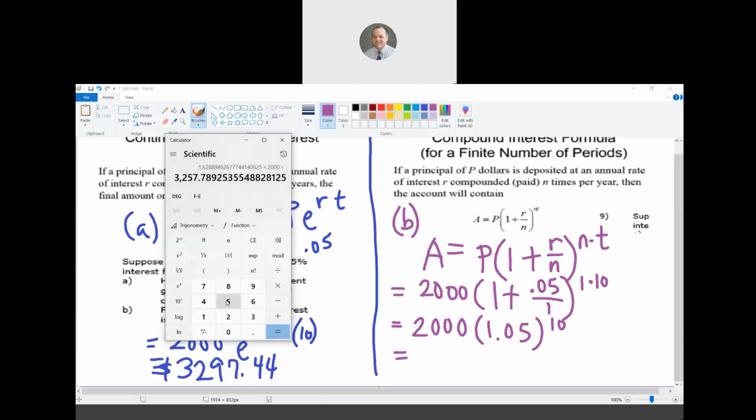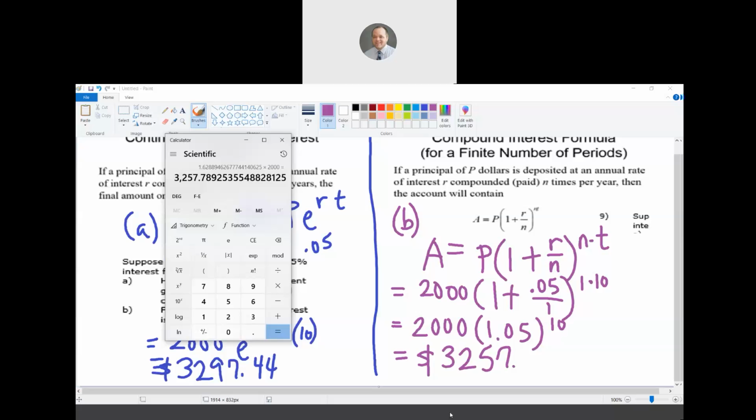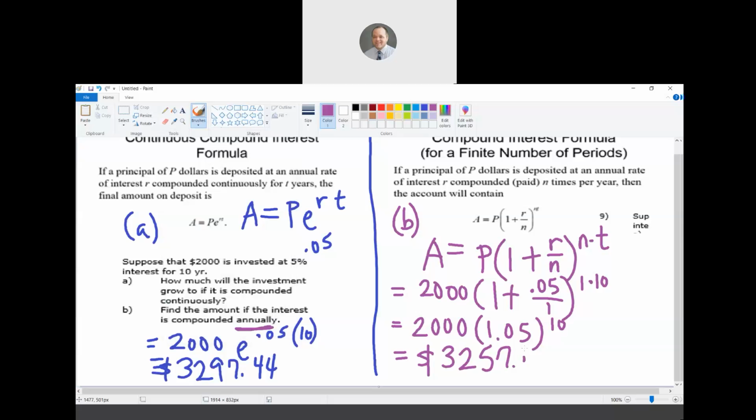That will give us $3,257.79, rounded. So by a slim margin of less than $40, the better option would be to have your interest compounded continuously.